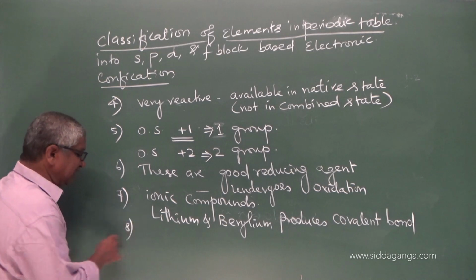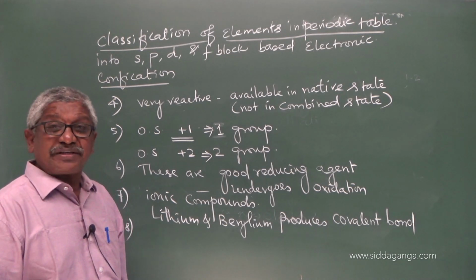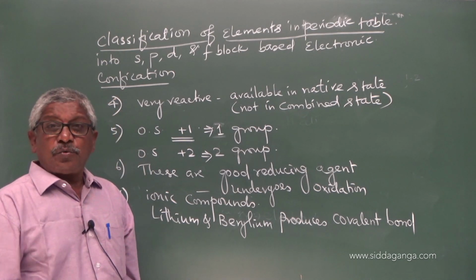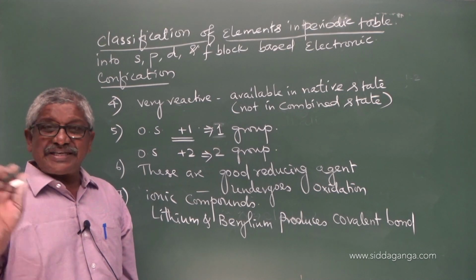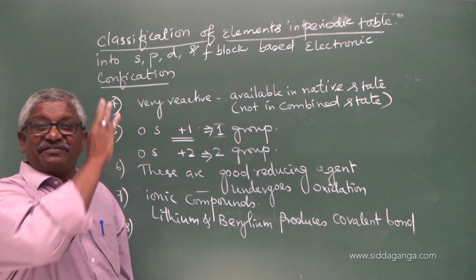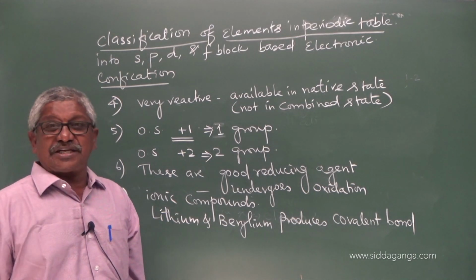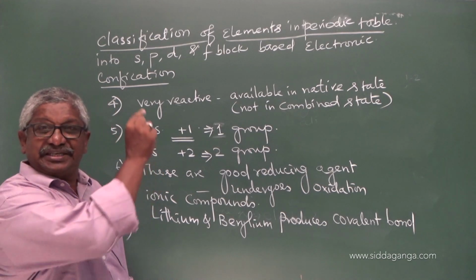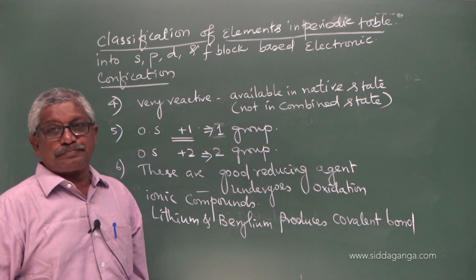The last point of this: hydrogen is placed in the S block, at the top of the first group. Why is hydrogen placed there? Hydrogen is not an alkali metal, it is a gas, not a metal. But it is placed in the first group because it has one S orbital electron. That's the reason it is placed at the top of the first group.